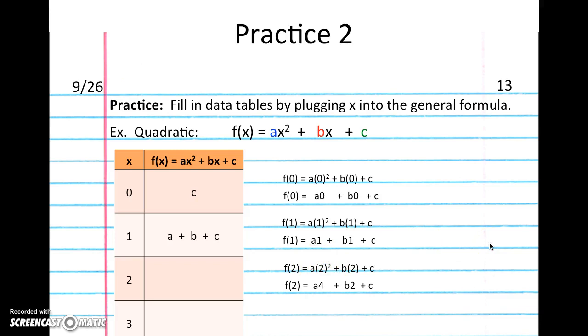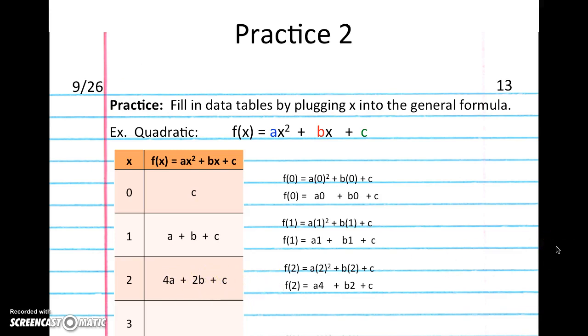Now here's the thing, when I write this into the table, I want to put the number first. So even though a, b, and c are the coefficients in the general formula, right now they're just letters. And it just looks nicer for us when we have the numbers in front. So we treat this 4 now as a coefficient, and a, b, and c are just variables. The 2 is a coefficient of b, etc.